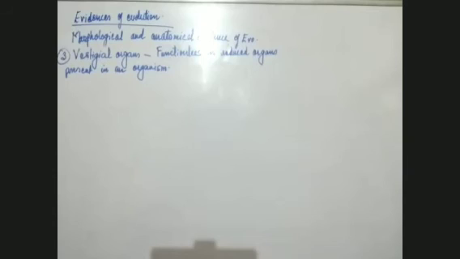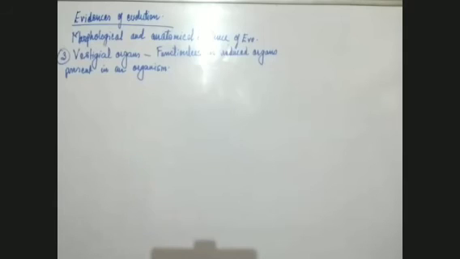When fire was not discovered, the vermiform appendix was functioning. It has microbes in it which helped in digestion of the raw food, but it is now functionless, and still present in our body. So we call the vermiform appendix a vestigial organ.